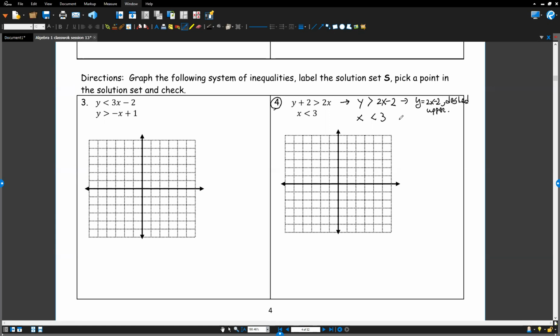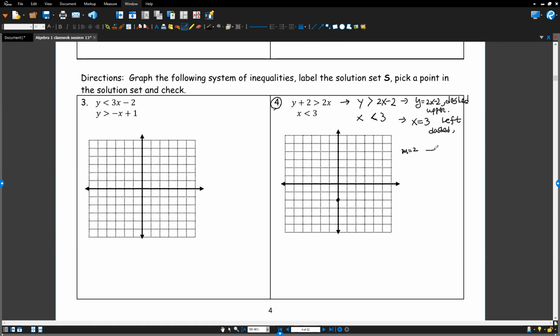Now the other line is x equals 3, which is a vertical line, right? Less than means the left-hand side, so our graph is left of the line, and also dashed. I forgot dashed. Dashed and left. Okay, now let's make a graph of y equals 2x minus 2.